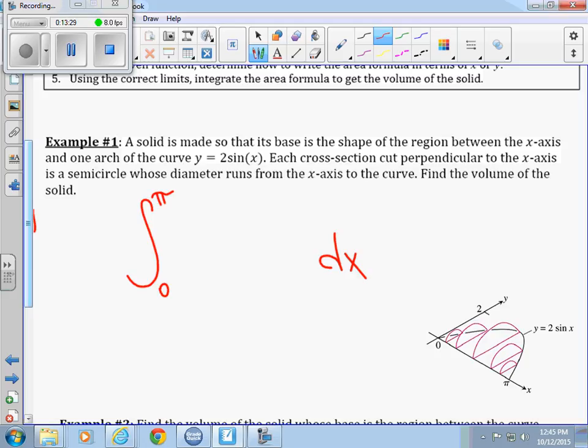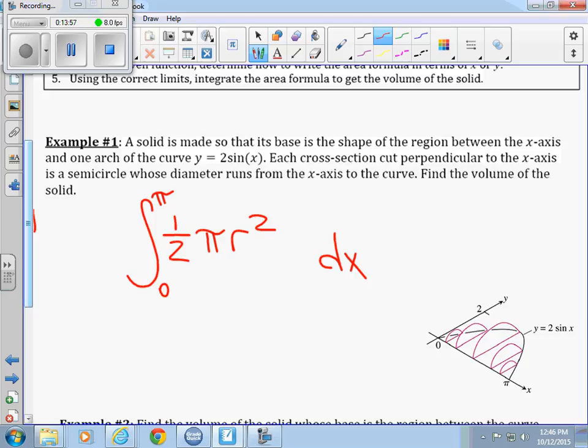So what would the area of each individual cross section be? 1/2 pi r squared. Everyone agree? Okay. Why the 1/2? Where'd the 1/2 come from? Any questions so far?